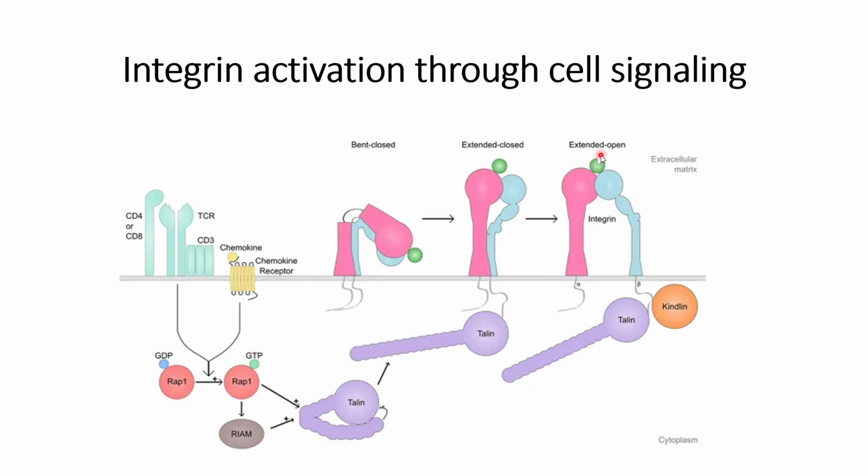So this is one of the ways by which these integrins can be activated, and the change that occurs from the extended closed to extended open is that this talin will also help in the separation of the alpha subunit of the integrins and the beta subunit of the integrins. As we can see, the distance between alpha and beta subunits increased in the extended open condition compared to the extended closed condition.